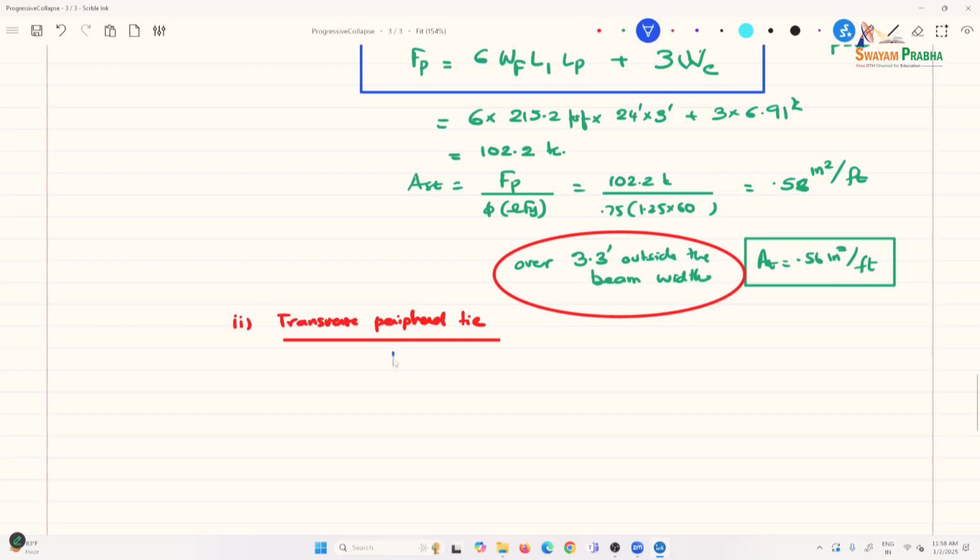And so L1 is LT, which is 36.5, and the cladding, 1.2 times 20 PSF times 12 times 36.5. So this should come to about 10 point something, 10.5.